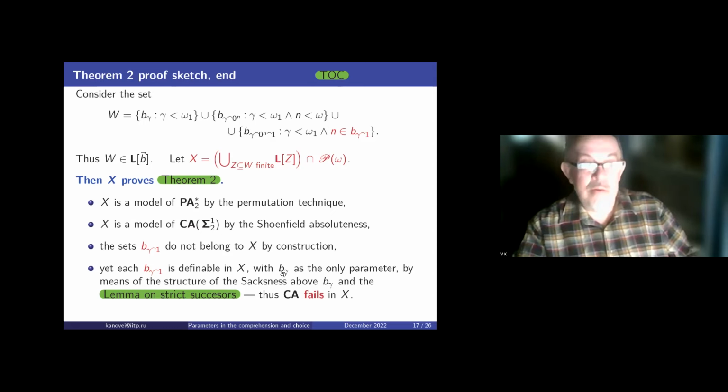Well, so this is the sketch of this construction. And as I said, if we just analyze the formula that has to be used to define this red B sub gamma 1, then it will be sigma 1 4.